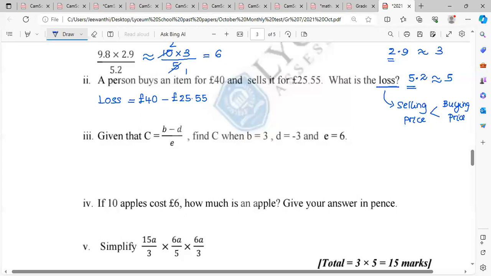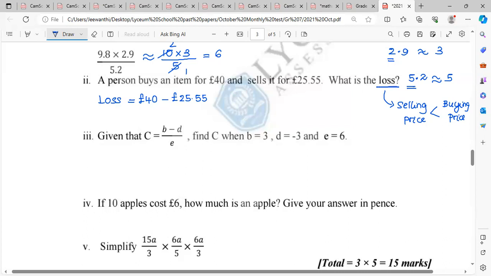Normally when we calculate the profit, we deduct the buying price from the selling price. But here you can use the same formula, children, then you get a negative value. When you get a negative value, you know it is not the profit, it is the loss. Here we realize that the loss is the situation where the buying price is higher than the selling price. That means you are selling something for a price which is less than the buying price.